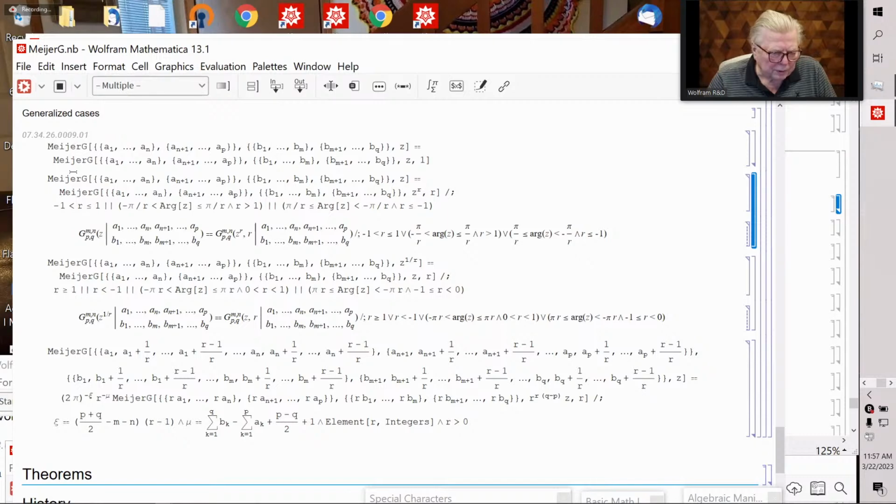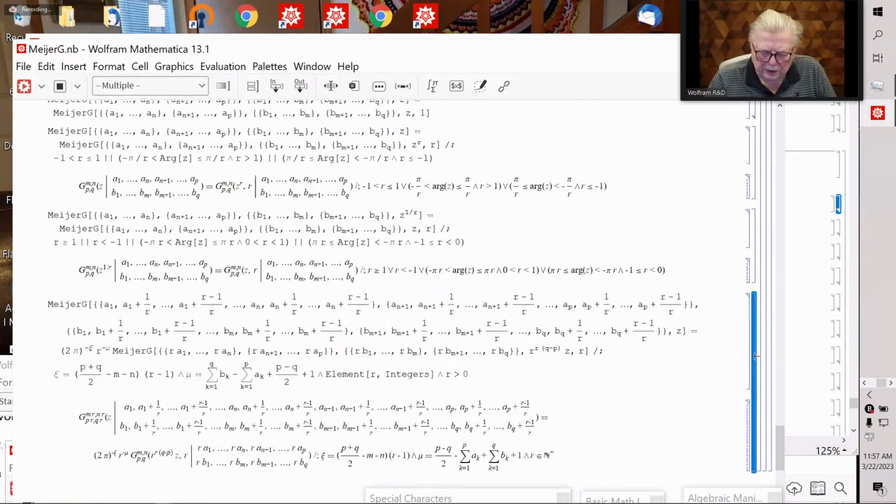You see a number. We have a number for each formula, and you can find this formula. But you cannot find this formula and this formula, because these formulas appeared later.